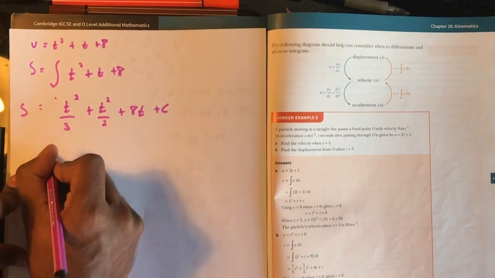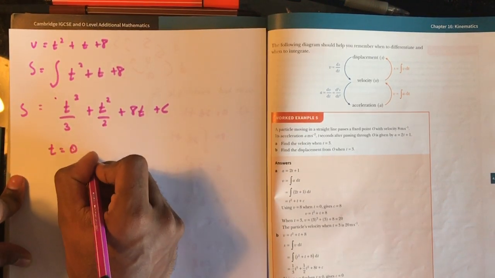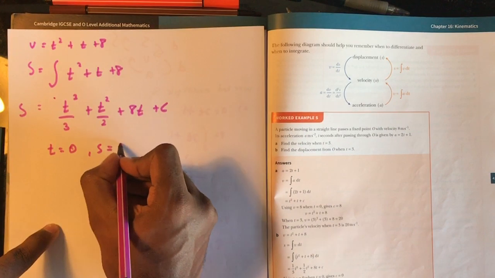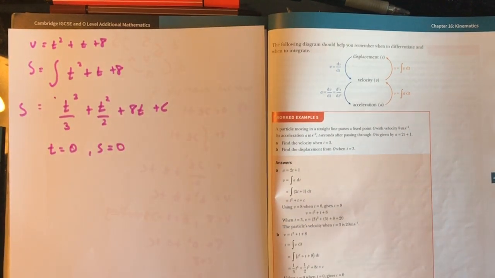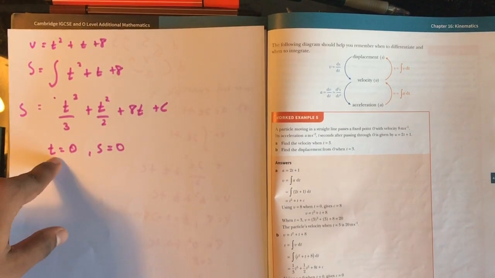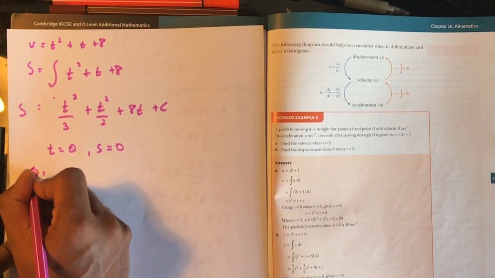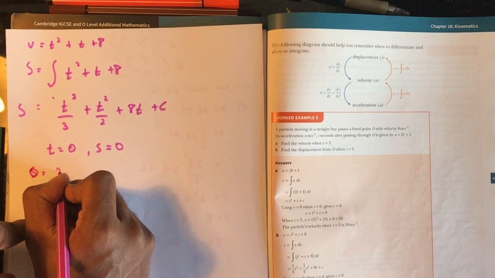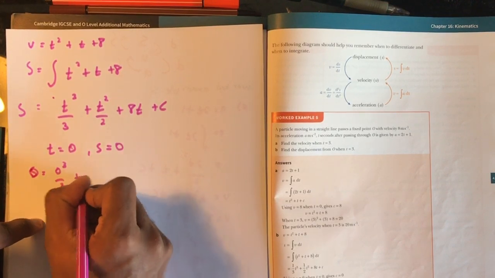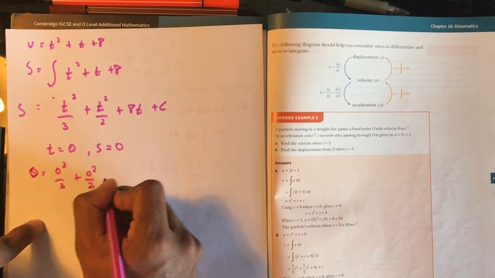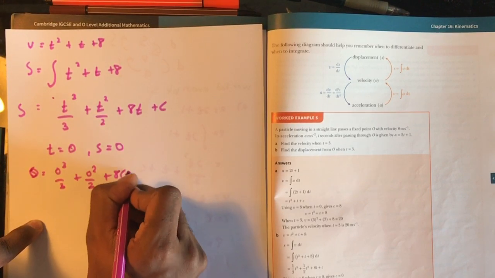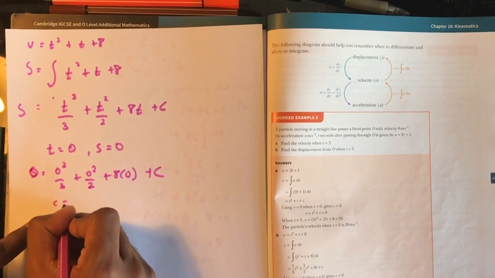At my time initially 0, my S should be 0, because there's no way at 0 you already moved somewhere, because the journey hasn't even started. So when t is 0, S is 0. We can substitute inside to find the c: 0 cubed over 3 plus 0 square over 2 plus 8 times 0 plus c. That means our c is 0.